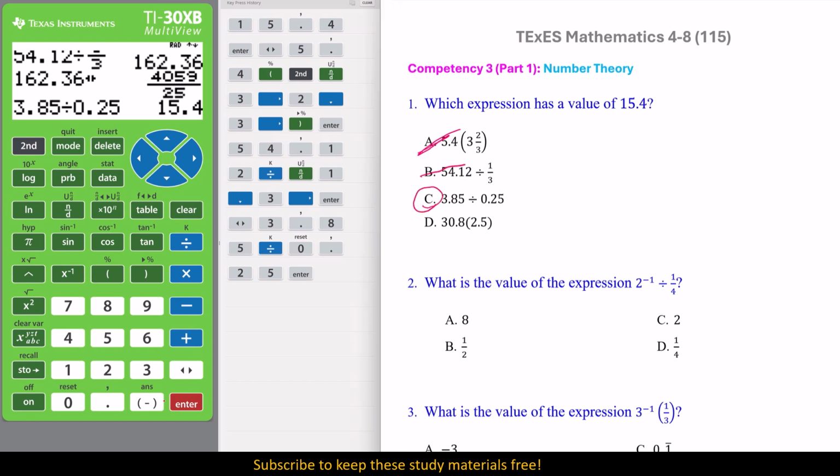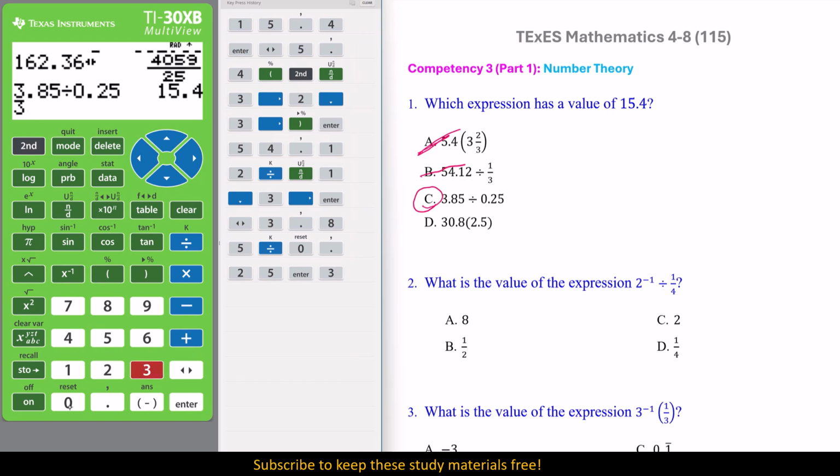So I'm going to say C for now, but let's put D in just for some fun. If you look at it, you can tell D's not going to work because 30 times 2 is 60. So obviously this is going to be over 60. Let's put it in anyway. So 30.8 parentheses, 2.5, close parentheses, enter, 77. I had a feeling it would be a whole number.